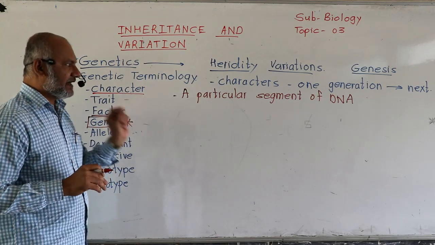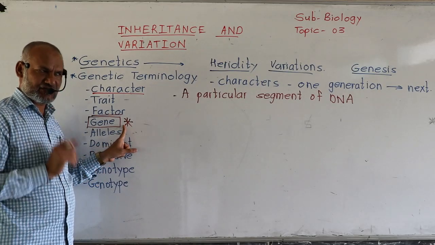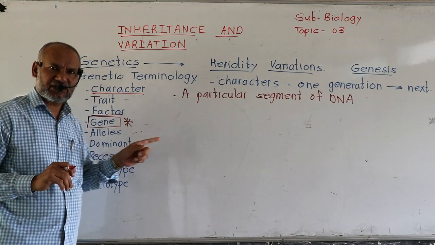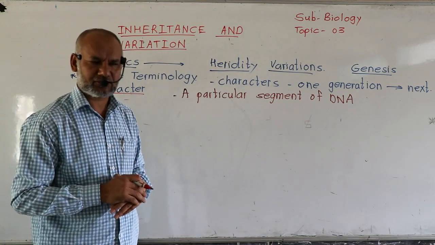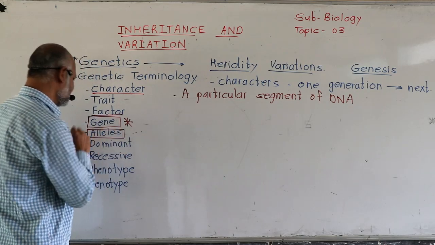Now, for each and every character, there is presence of one gene, and this gene occurs in alternative forms, which are termed as alleles. Now, what are alleles?